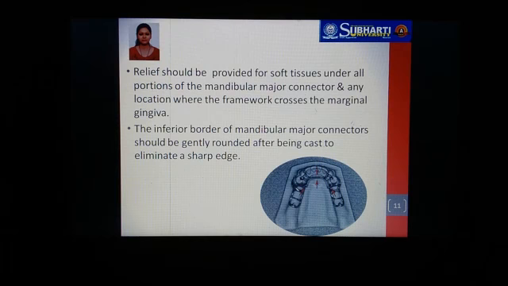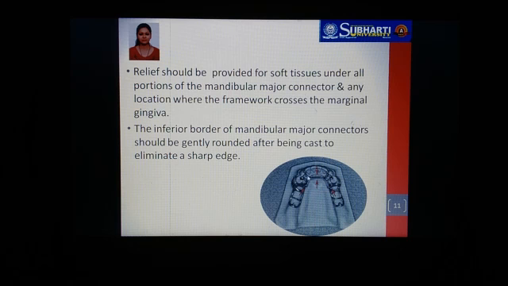Relief should be provided for soft tissues under all portions of the mandibular major connector in any location where the framework crosses the marginal gingiva. It is important not only for the mandibular connectors, even for the maxillary connectors there should be relief beneath. Next, the inferior border of the mandibular major connectors should be gently rounded after being cast to eliminate sharp edges.